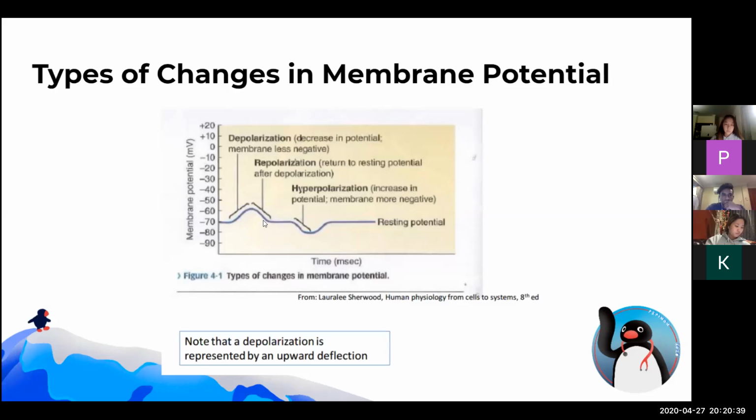This is called repolarization. And then we can also get hyperpolarization, which is where we get too much repolarization, to the point where we go below our original resting membrane potential. So we're now more negative than our RMP. Of course, our cells always like to go back to their normal resting potential, so it will recover from our hyperpolarization.